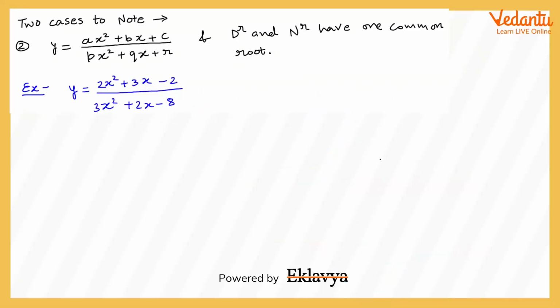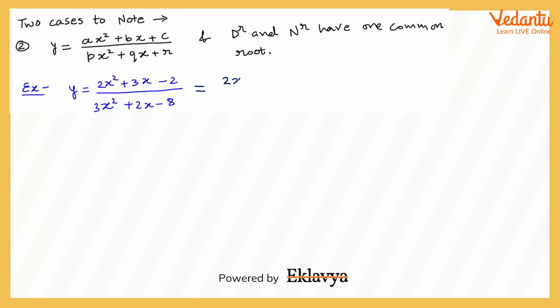The second thing which I wanted to tell you was, when the denominator and numerator have one common root. If they have both common roots, then it will be a constant value only. But many times we ignore the fact that they have a common root. For example, here if you check what can be the factor, I think I can write this as I need minus 4 as product, so plus 4 minus 1.